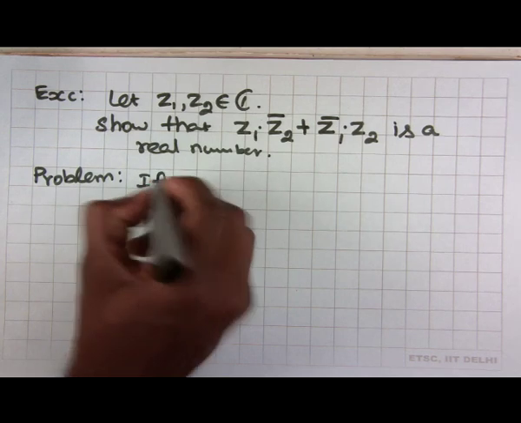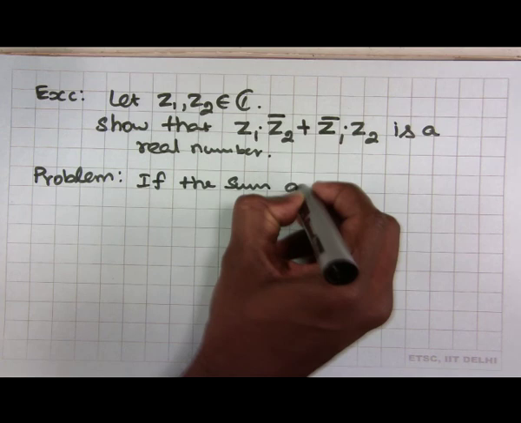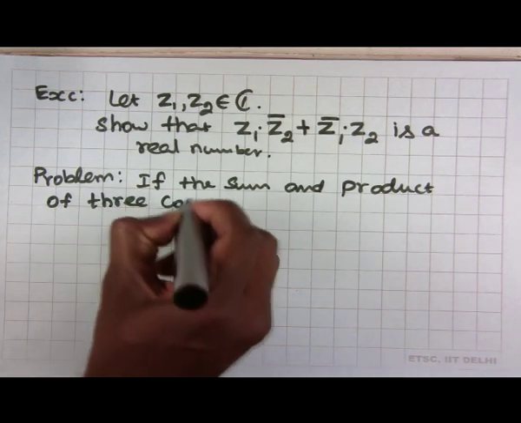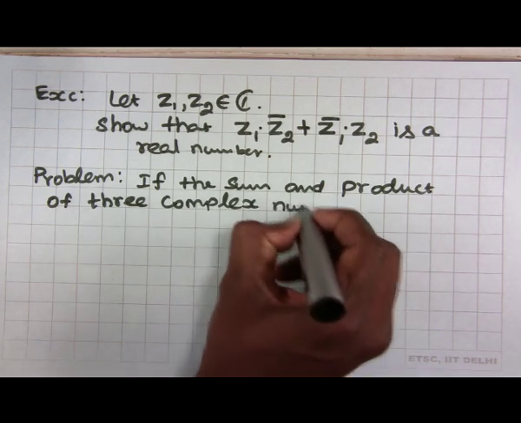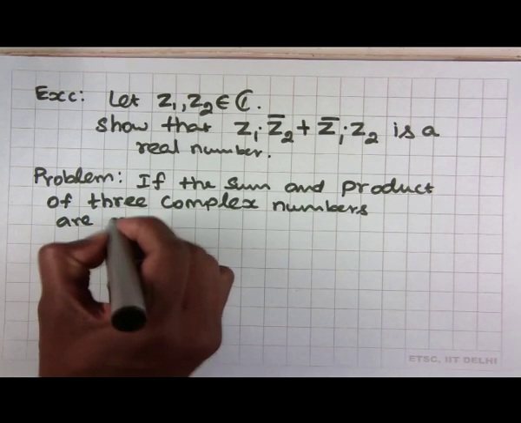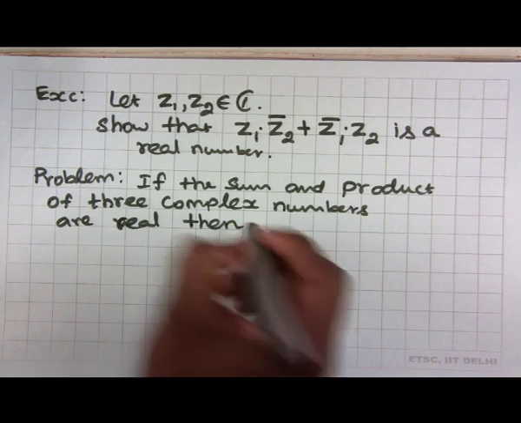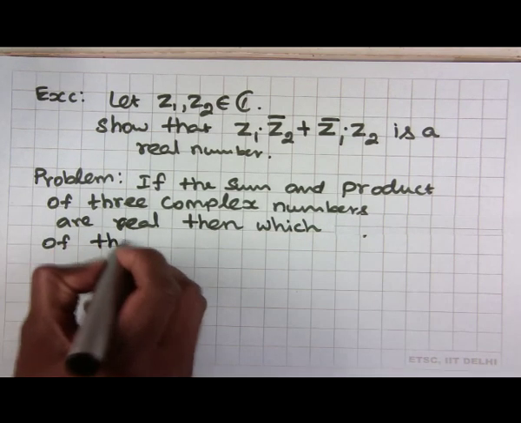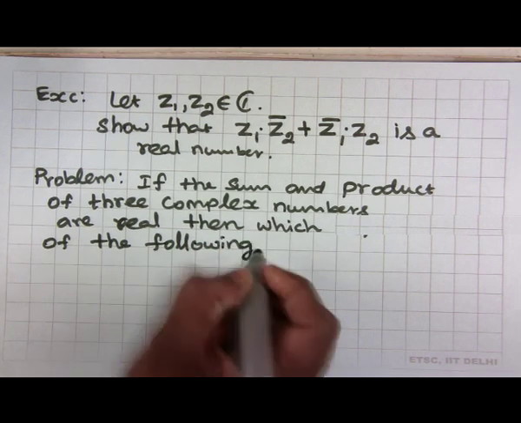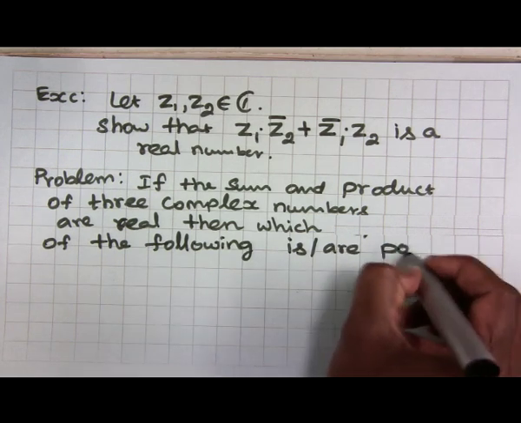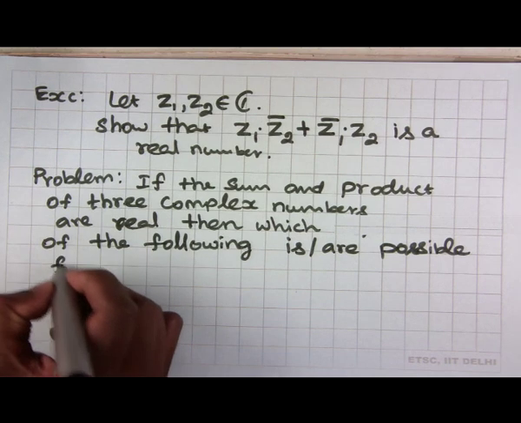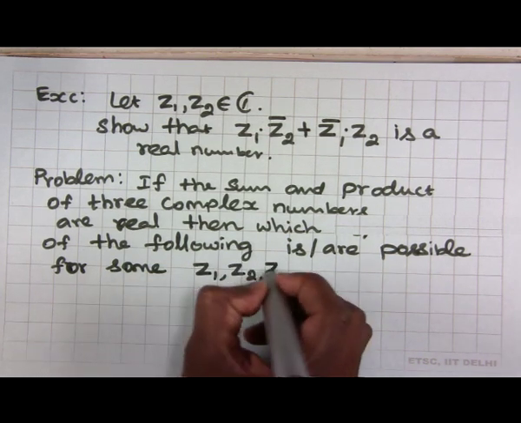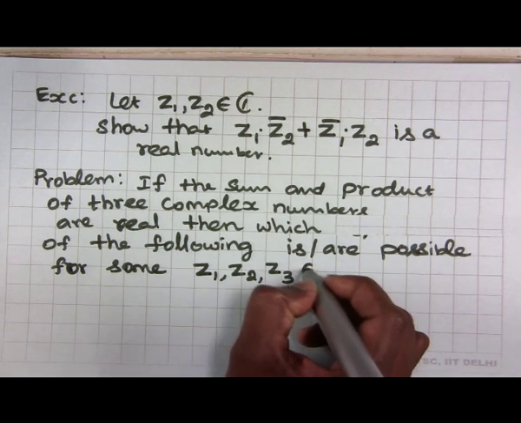If the sum and product of three complex numbers are real, then which of the following is possible for some 3-tuple (z1, z2, z3) in complex numbers?